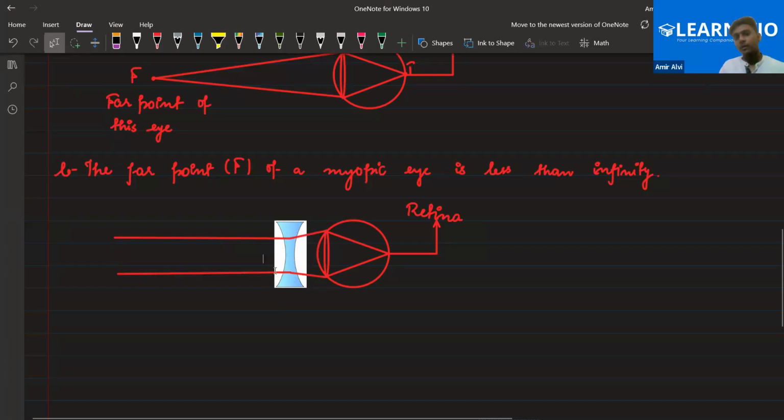Okay, Shazil. So this is how the myopic eye is corrected using the concave lens. Okay.